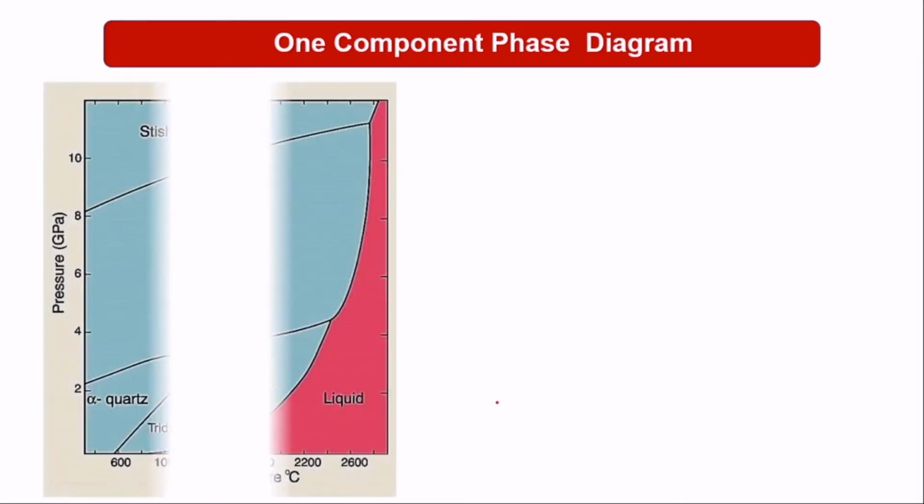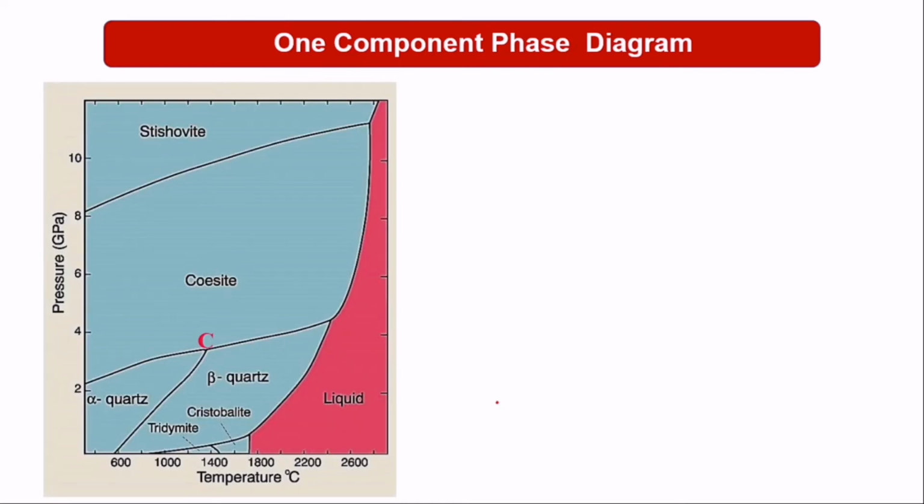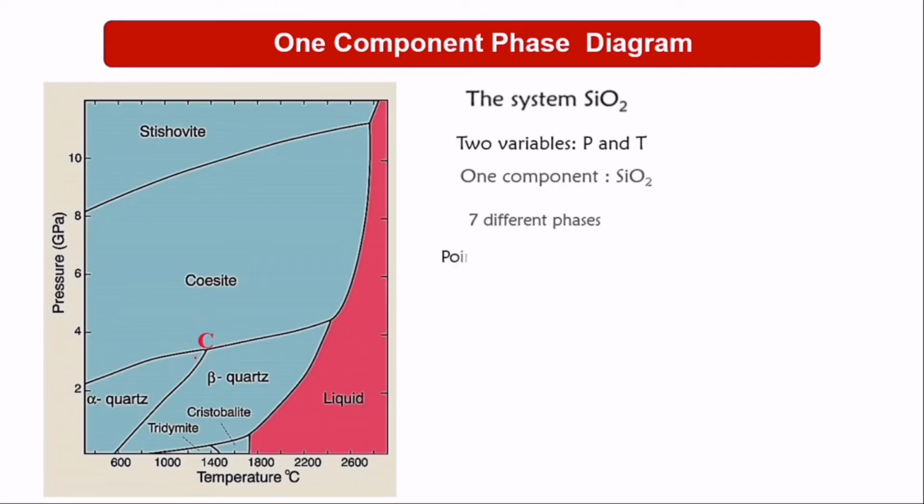Now let's look at when we have the triple point. So the C is at the triple point. Now please, can you comment on the number of phases we have here? Yes. So the number of phases that we have here is 3. And the composition is 1. So here we have the coesite, the quartz, and this alpha quartz and beta quartz. So therefore the degree of freedom is 0.